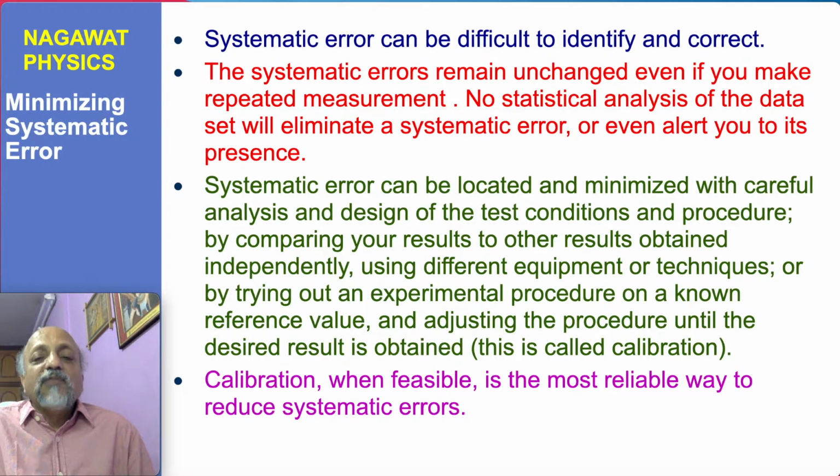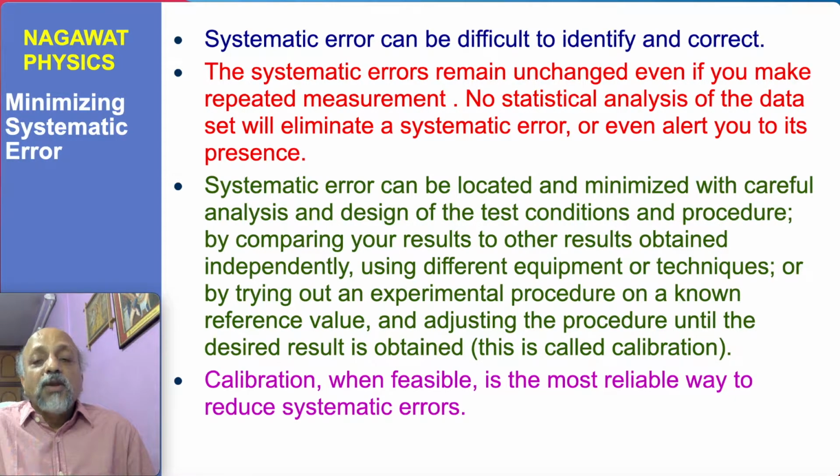For example, if there is a zero error in the vernier calipers or screw gauge, it would affect the measurement even if you measure the same quantity 10 or 20 times; you cannot get rid of the zero error. So systematic error remains unchanged even with repeated measurement. Therefore, no statistical analysis of the data set will eliminate the systematic error or even alert you that a systematic error is involved in the measurement.